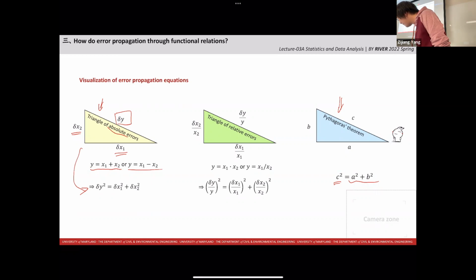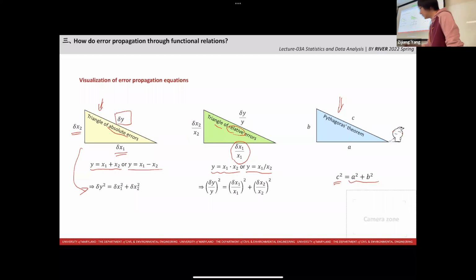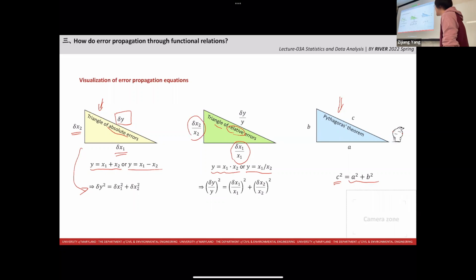And for multiplication and division, we have this form. Similarly, we can make the triangle of relative errors because they are based on the relative error. Based on the definition, this is the relative error of the first component, this is the relative error of the second component, and this is the relative error of the result.